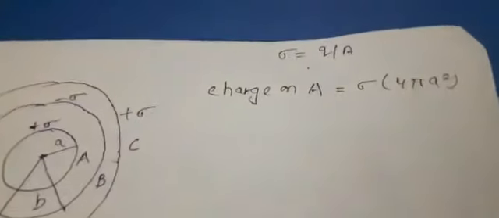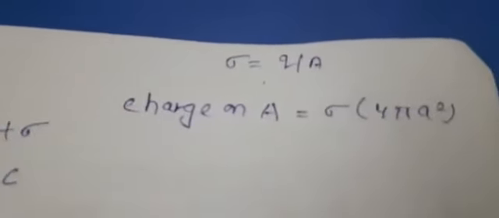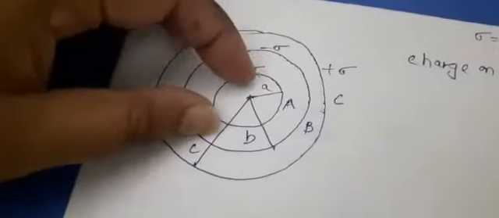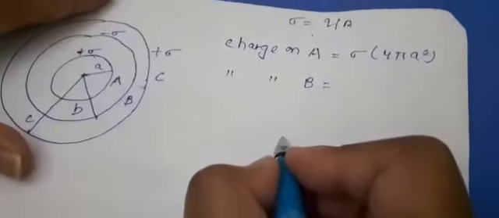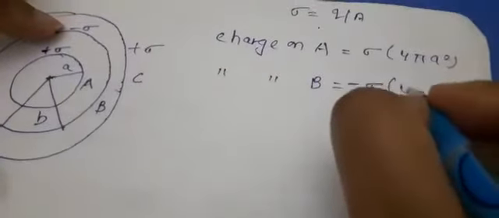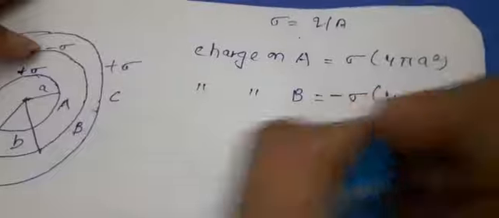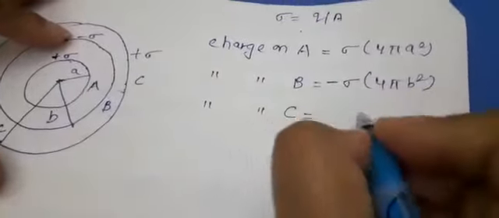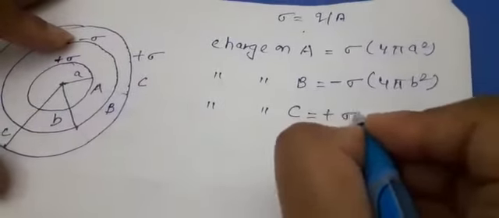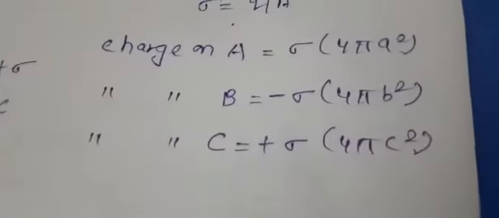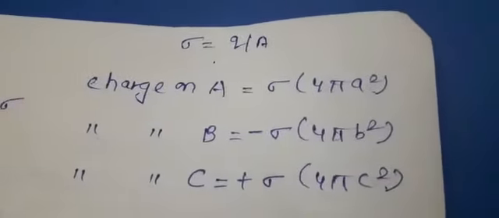Since these are shells, they will have spherical shape, so it will be 4 pi a square, the inner one, charge on A. Now charge on B, having surface charge density minus sigma, so into 4 pi b square. Now charge on C, this will be plus sigma 4 pi c square.